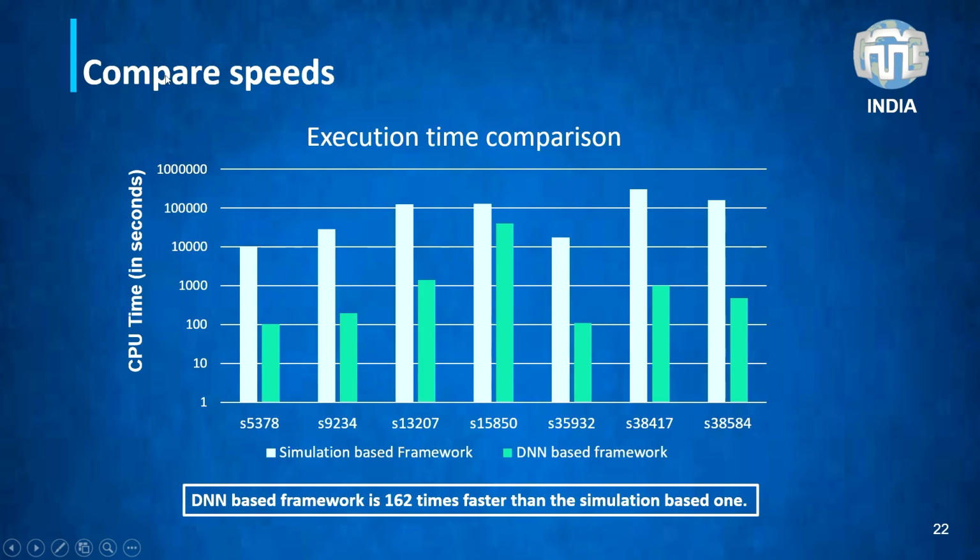And you can see that the DNN based framework is multiple times faster than the simulation based ones, 162 times to be exact. The y-axis of this plot is in log scale.